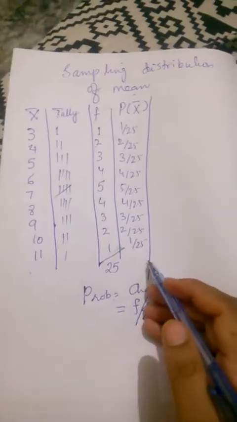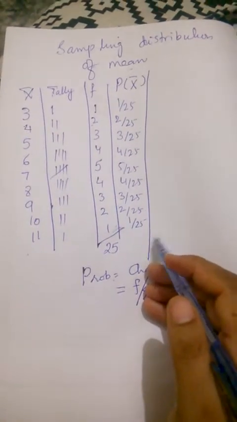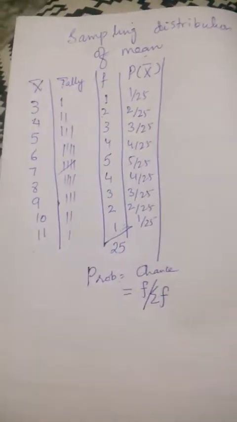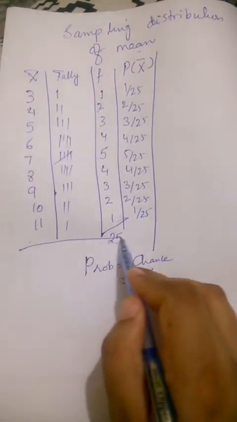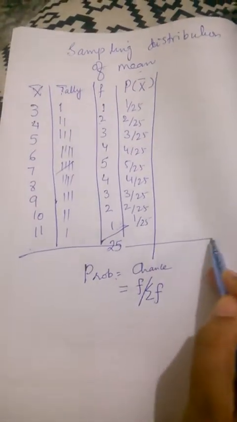Now this is your probability. After finding that probability, you get your assigned distribution, your required sampling distribution.